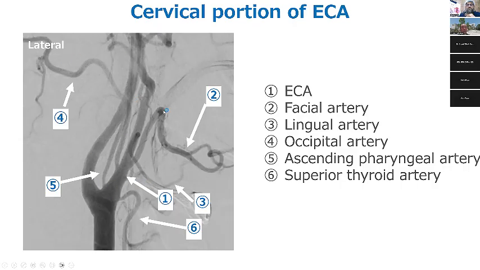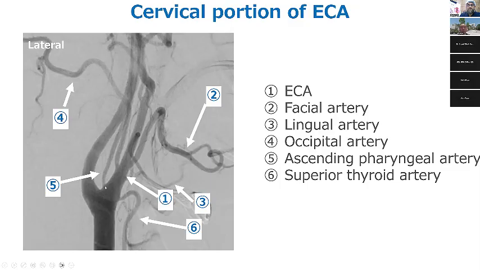Number two is the facial artery here. Number three runs like this, it is the lingual artery to the tongue, supplying the tongue. Number four is the occipital artery, coming from the posterior wall of the ECA and going posteriorly. And number five is the ascending pharyngeal artery.